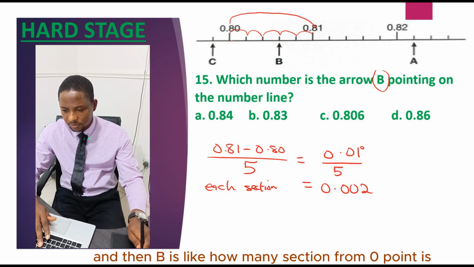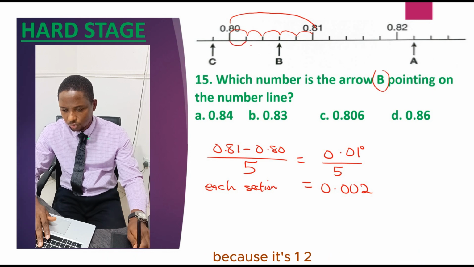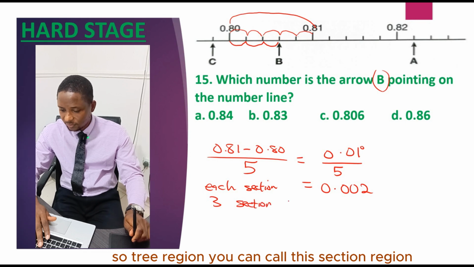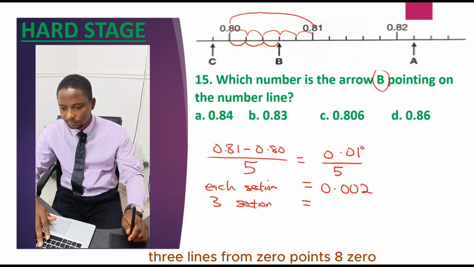Now check. I'm asked to find where B is pointing at. And then B is like how many sections from 0.8? Look at it. 1, 2, 3. So I will multiply, because you have 3 sections now. So, or 3 regions, you can call it section, region, or 3 lines from 0.80.